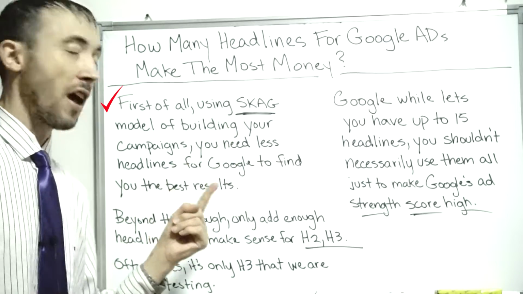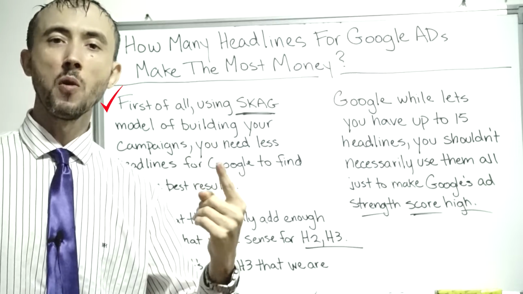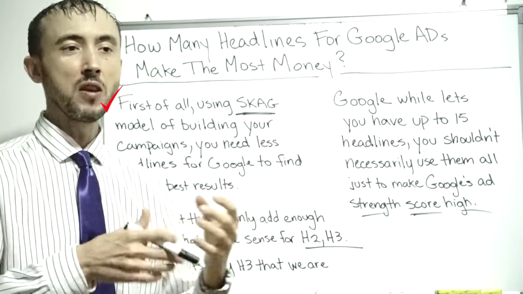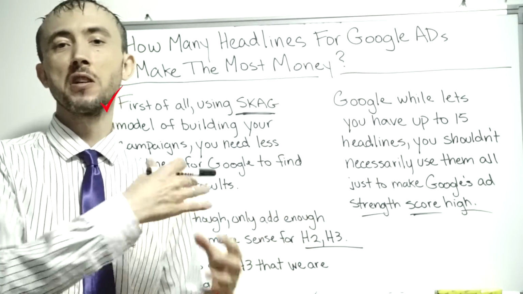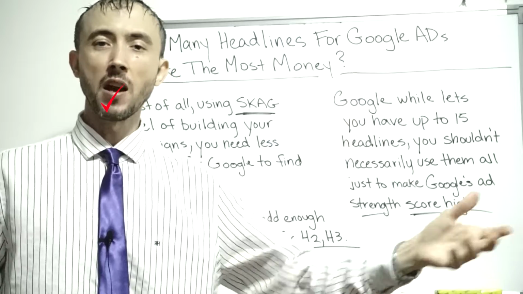So technically you can get by with just one headline, because you know what keyword this ad is going to show up for. So obviously you would want the headline to be tied to the keyword, because that's what works the best. Google proves that to you in how they word their recommendations to you.